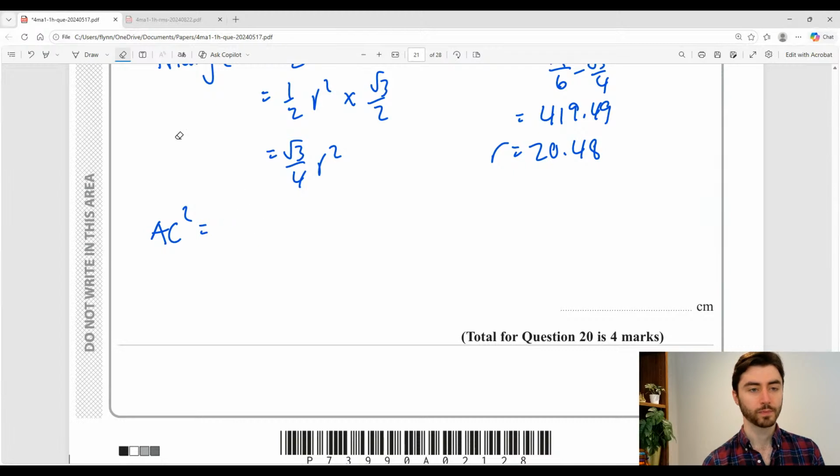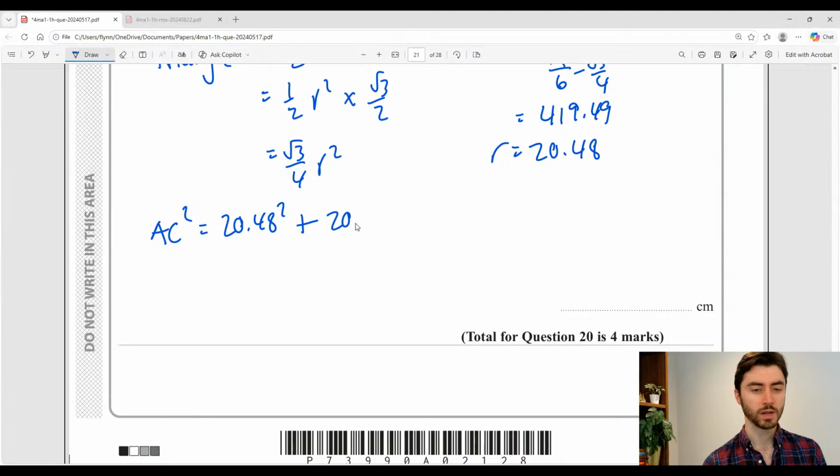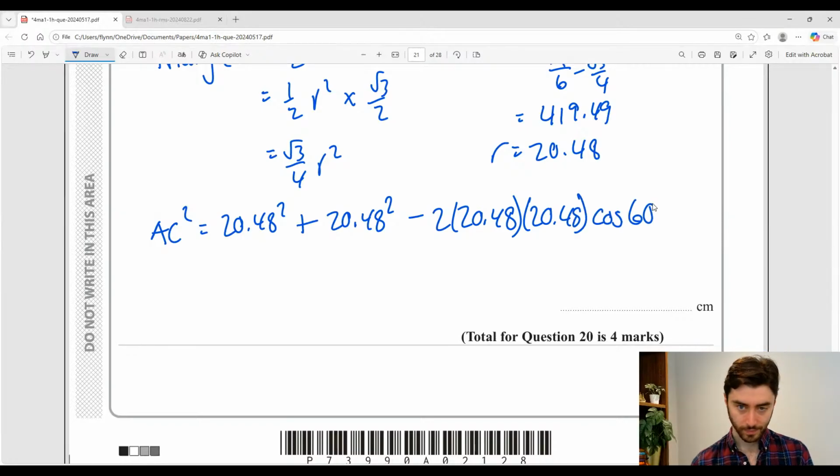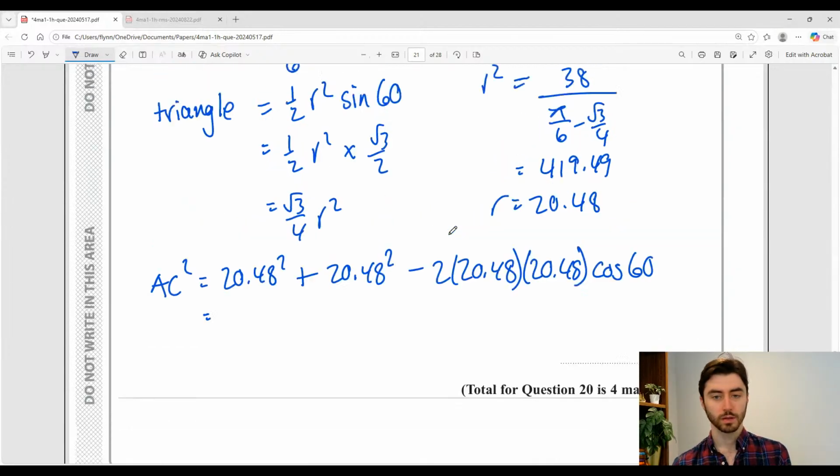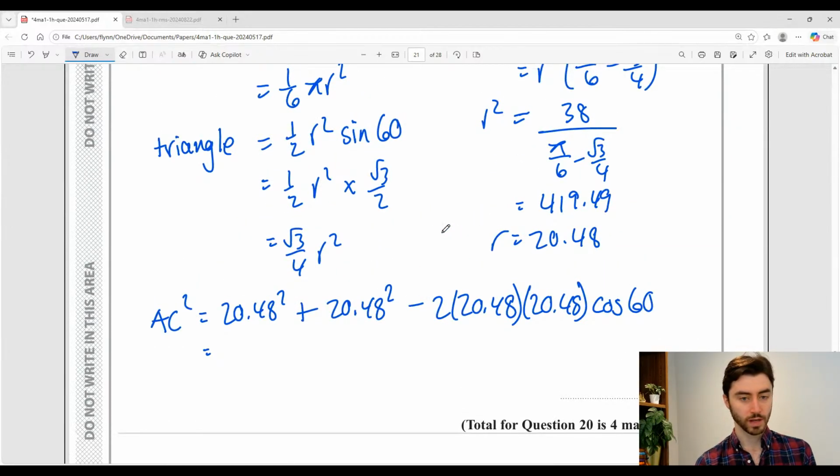I'll just plug it in: 20.48 squared plus 20.48 squared, minus 2 times 20.48 times 20.48 times cos of 60. So I get that AC is 20.48.